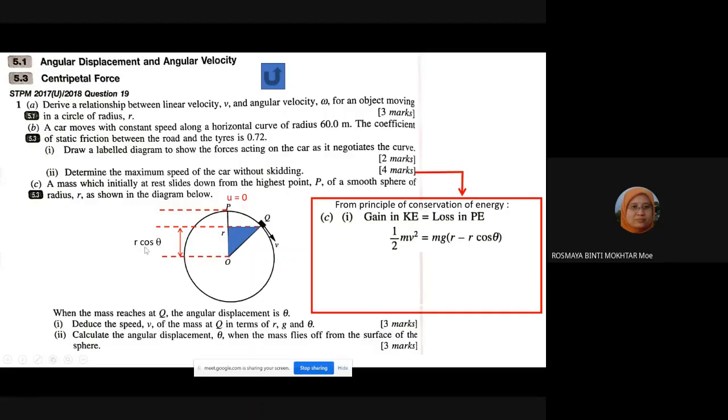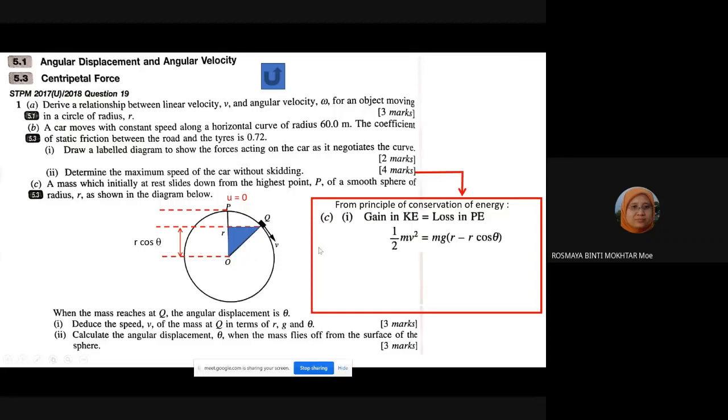You use cosine theta, adjacent per hypotenuse. The hypotenuse is equal to the radius also. So cross multiply, you get R cos theta. So the height of Q for the potential energy is R cos theta.